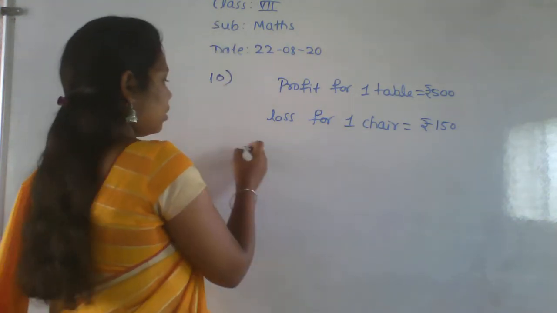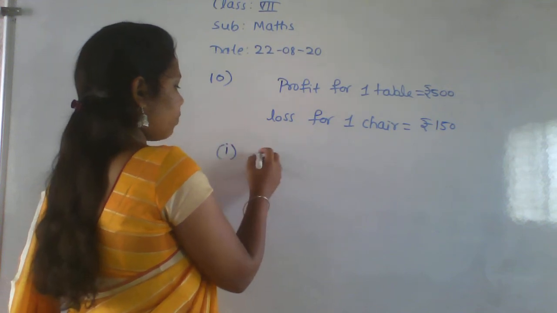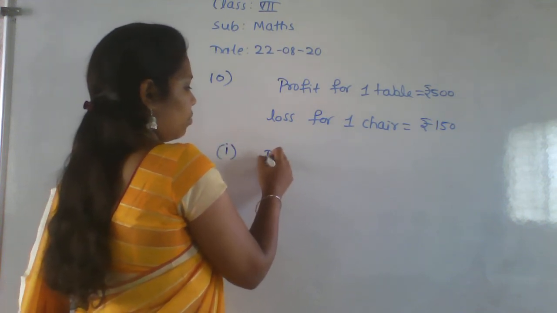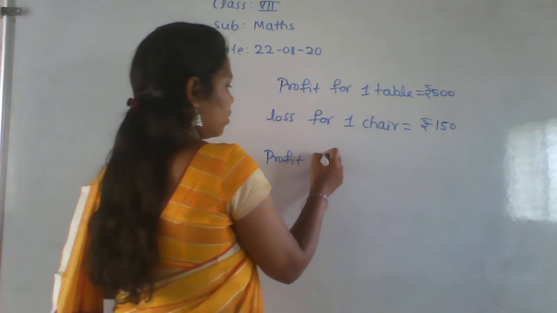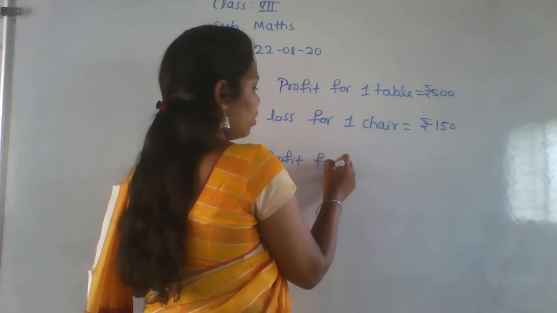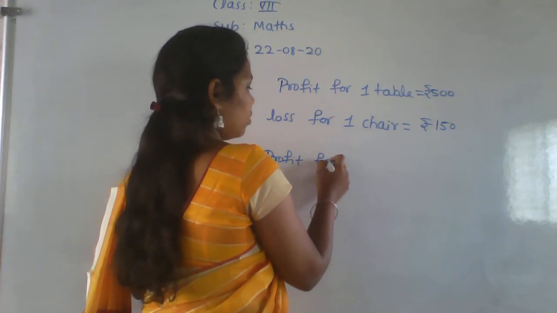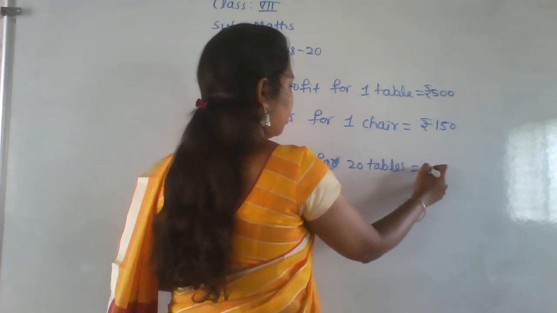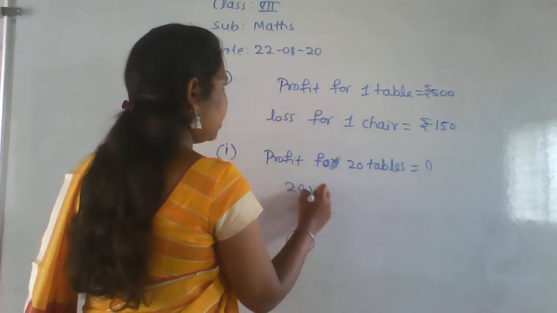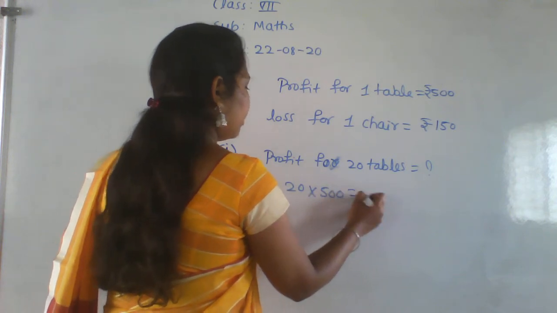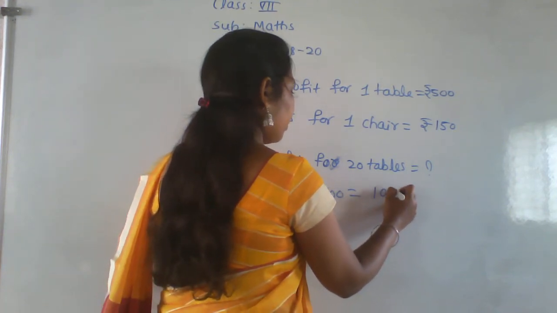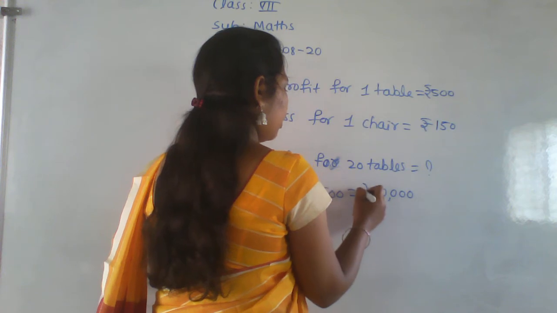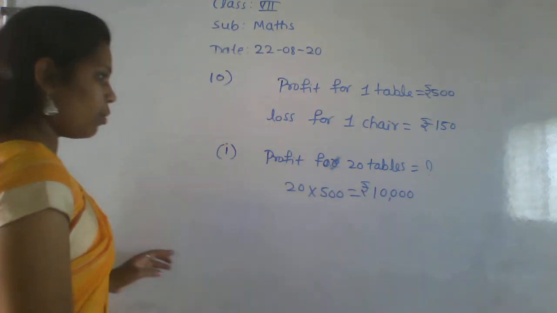Next, in the first question, profit for 20 tables is equal to question mark, that is 20 into 500. 10,000 rupees he got as a profit.